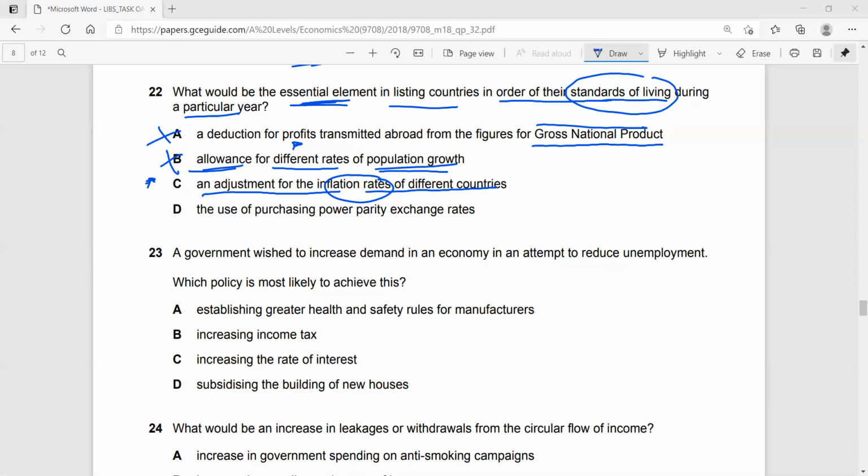Essentially, it's just a mechanism which figures out the cost of living in different countries, looking at their exchange rate, looking at their inflation rate, and fixing both of that. So for example, the cost of living in the United States is very different than the cost of living in Pakistan.